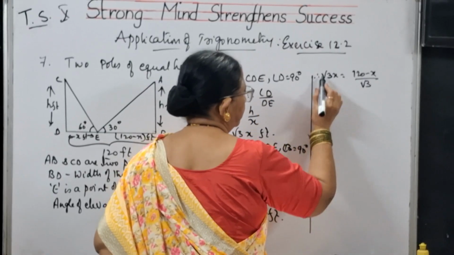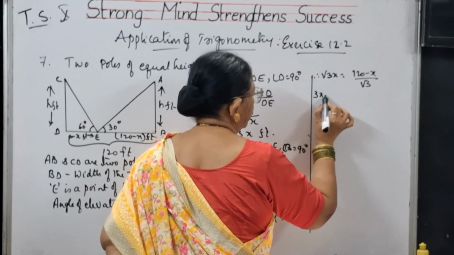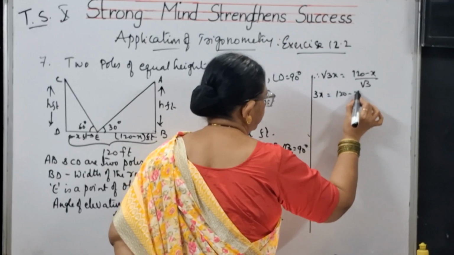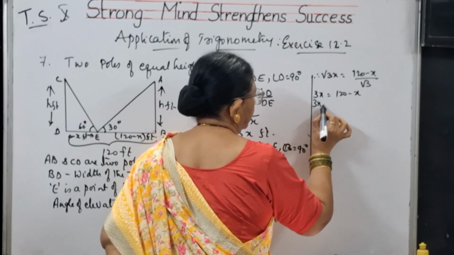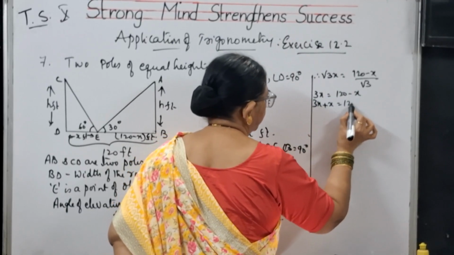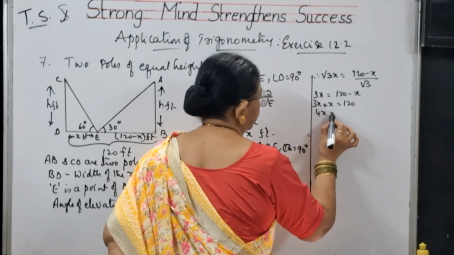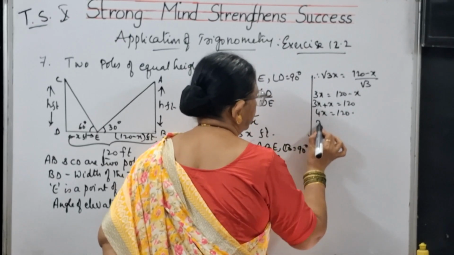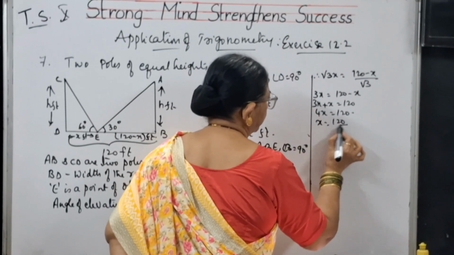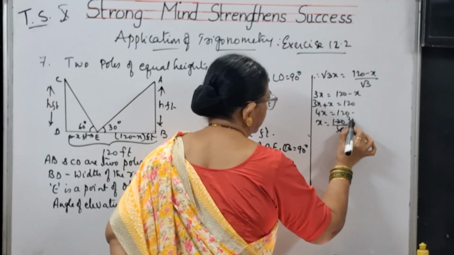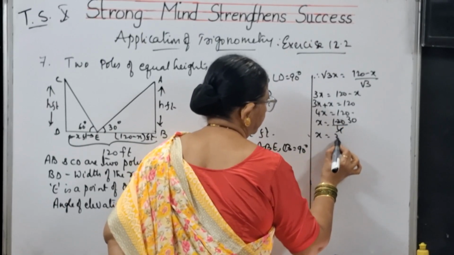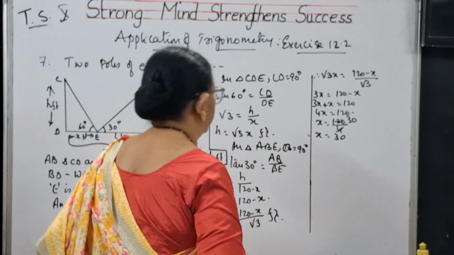On cross multiplication, root 3 into root 3 is 3, so 3x is equal to 120 minus x. 3x plus x is equal to 120. 4x is equal to 120. x is equal to 120 by 4, that is 30. x is equal to 30 we have got.